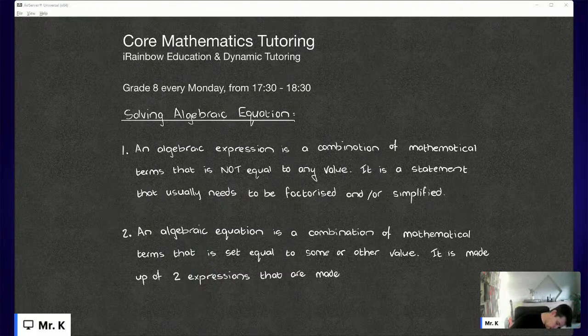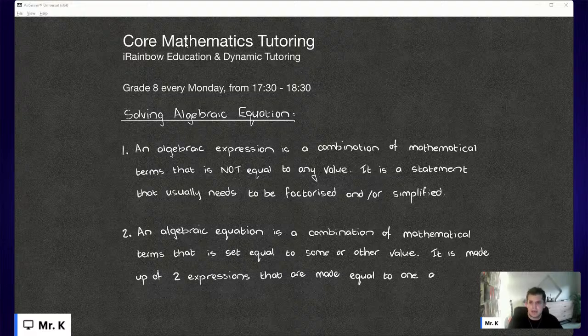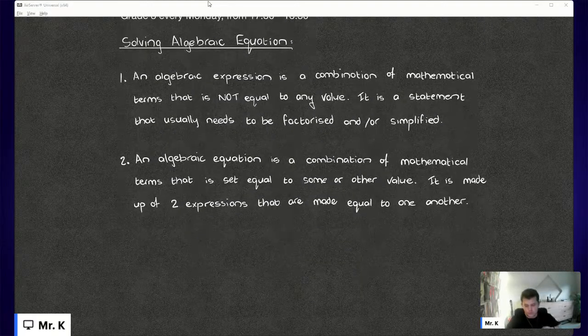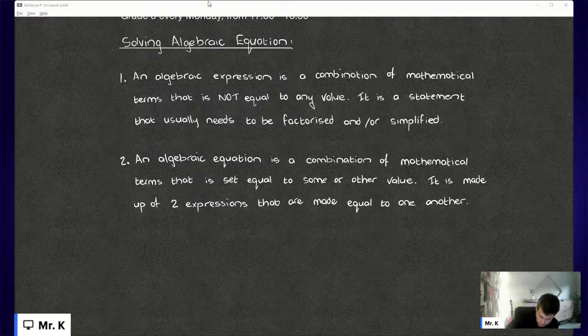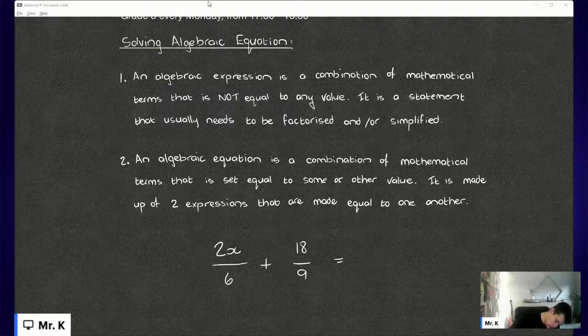So when we look at an equation, guys, you need to be able to find the left-hand side and the right-hand side of an equation, right? If you can't do that, the chances are you are not actually working with an algebraic equation. So if I were to give you something like 2x over 6 plus, let's say 18 over 9, and this is equal to x over 3.